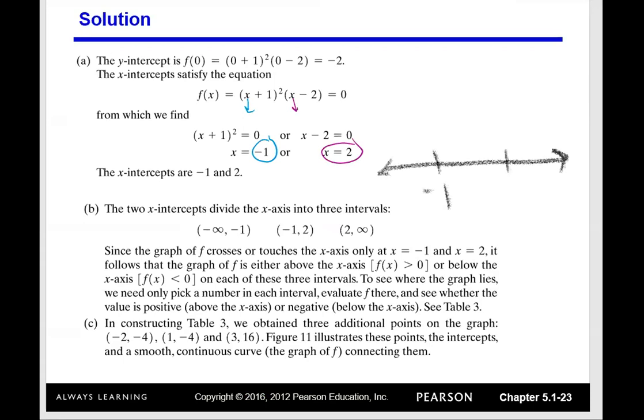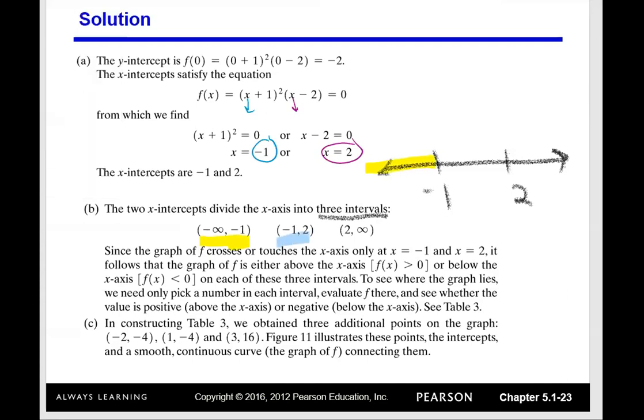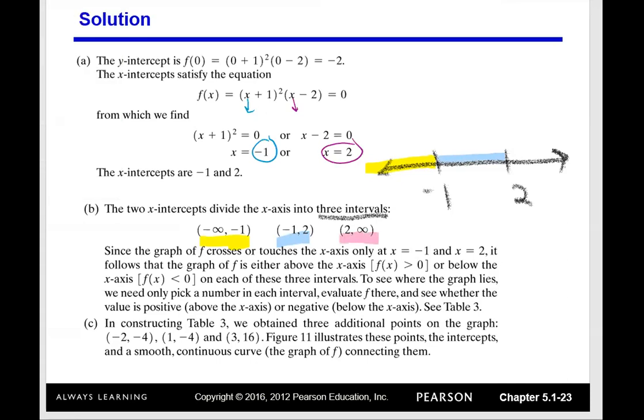Here's -1, here's 2. And when it says it divides it into 3 intervals, this interval goes from -infinity to -1. This interval is from -1 to 2. And this interval is from 2 to infinity.